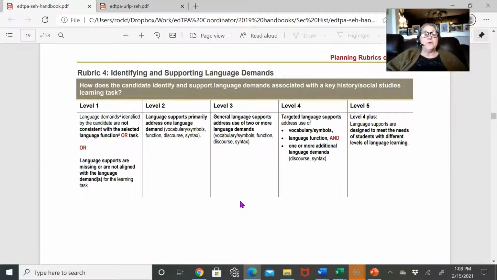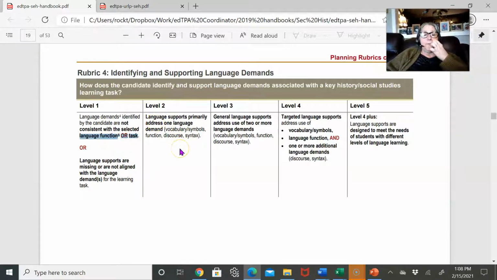But for most handbooks, one of the things the scorer is going to check is that they want to make sure that the language function that you discuss in 4A and in 4B are consistent. So if you chose evaluate as your function, then it needs to be clear that they are evaluating in the task. And so we want to make sure to avoid that one.